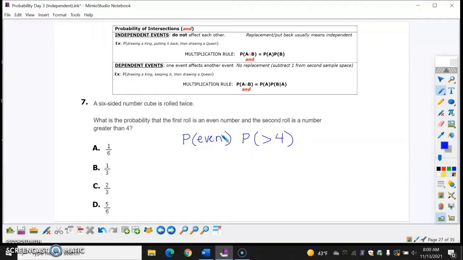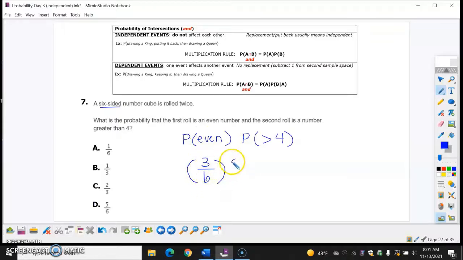Okay, see if you can find the probability of rolling an even number and the probability of rolling a number greater than 4, and multiply them together. If you roll a dice, there are 6 possible numbers to choose from. And out of those 6, the even numbers would be 2, 4, and 6. So there are 3 of the 6 that are even.